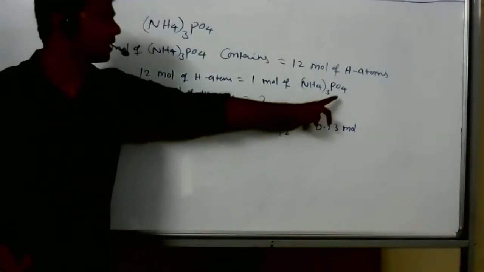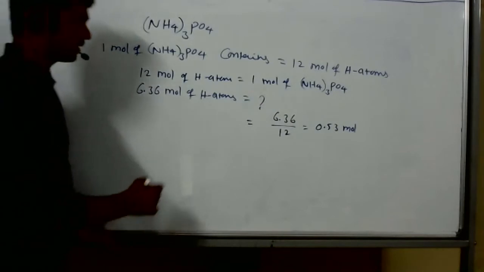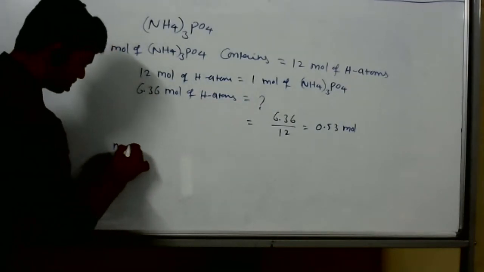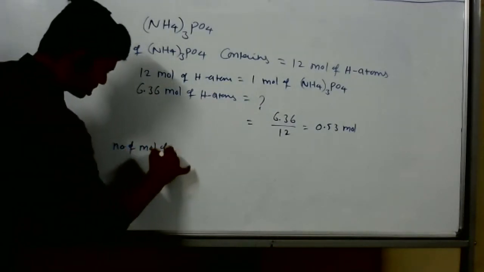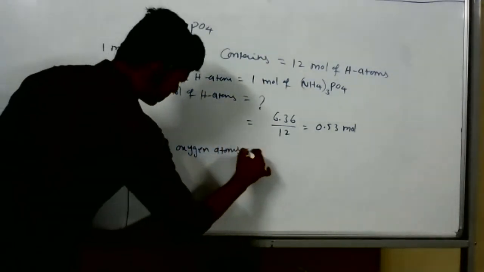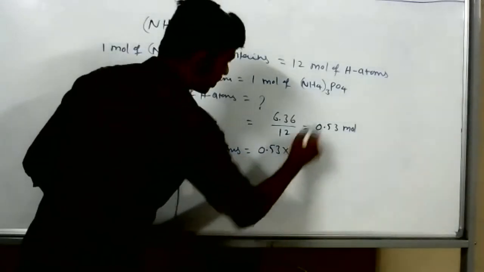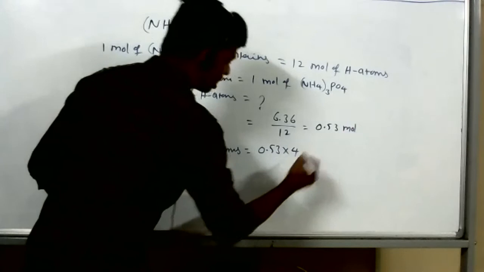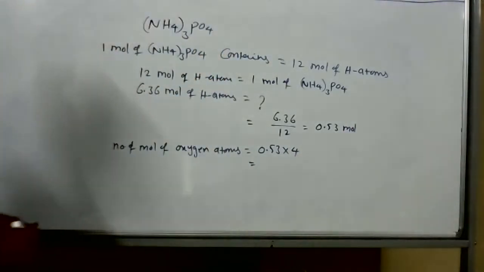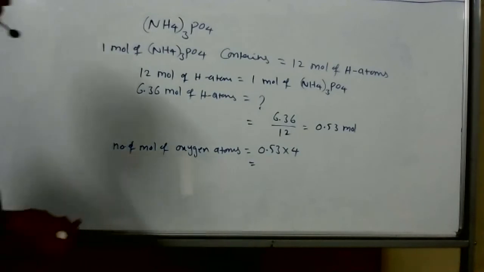Multiply that with 4, you will get the number of moles of oxygen atoms. Number of moles of oxygen atoms is equal to 0.53 into 4, because one molecule has 4 oxygens. 2.12.